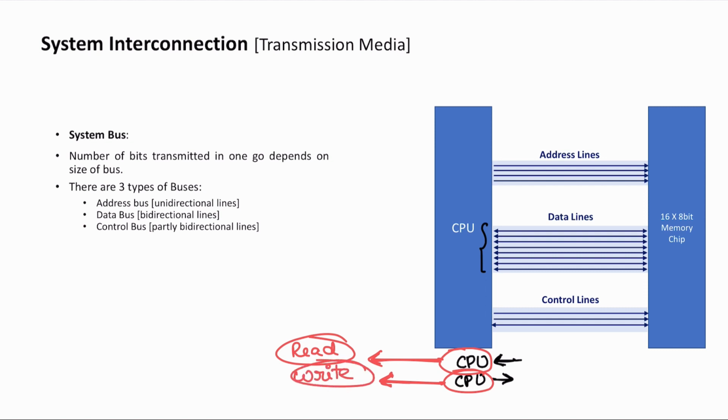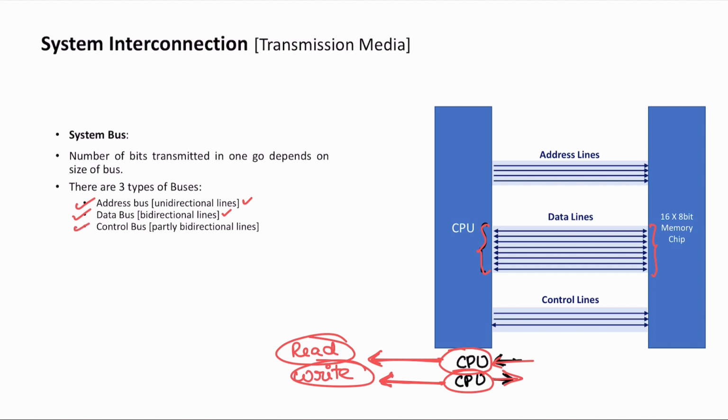If CPU is doing a read operation, it will get the information. If it is doing a write operation, it will send the information. Therefore the data lines are always bidirectional. Address bus is done, data bus is done. Now control bus.